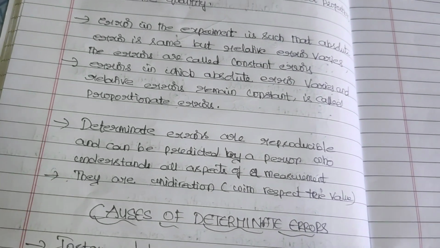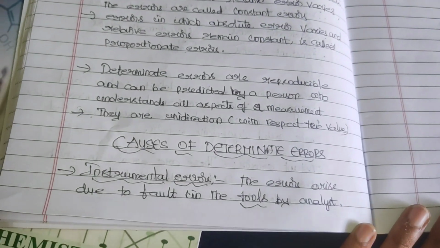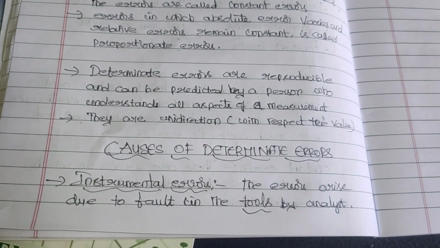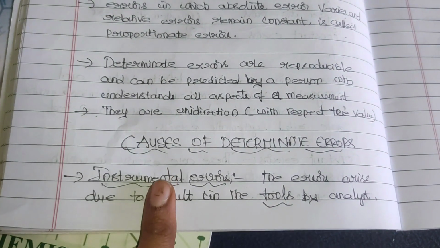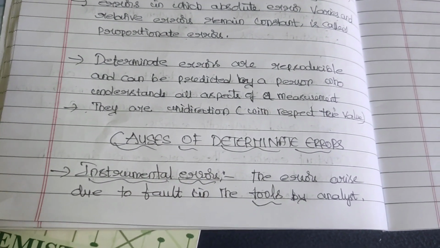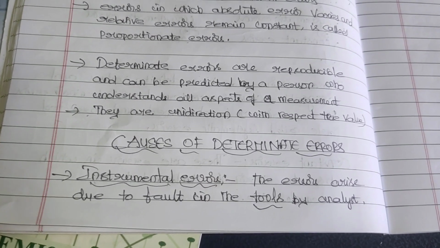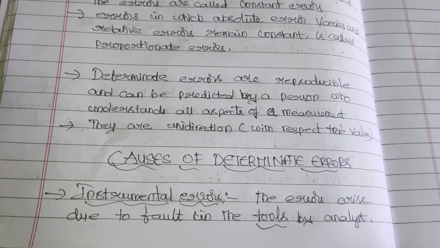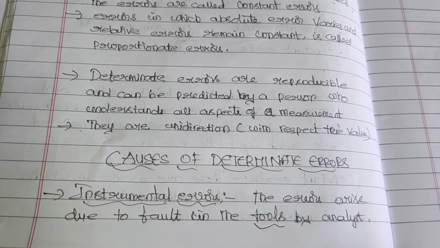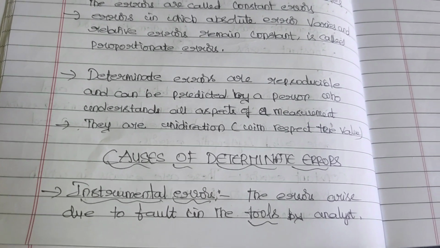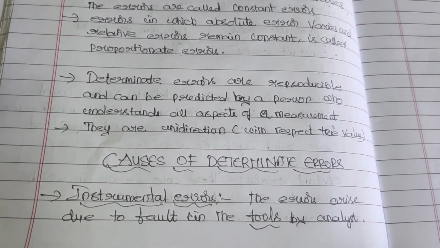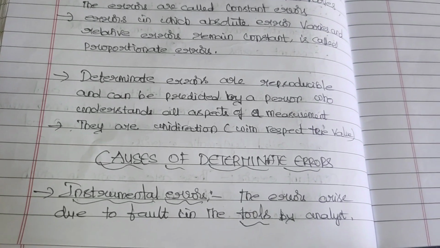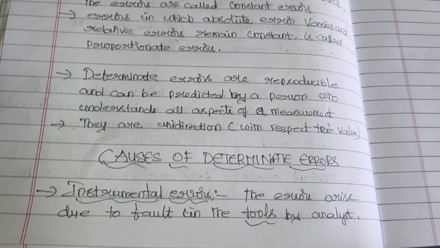Why do determinate errors occur? What are the causes of determinate errors? There may be many causes. First is instrumental error. Whatever tools or instruments we are using, if they are faulty, or the instruments used for that procedure are not correct, then the errors are called instrumental errors.